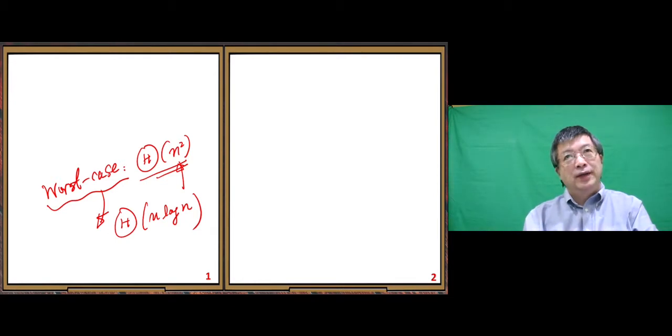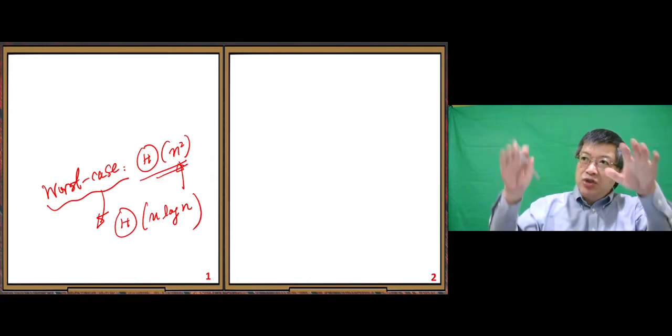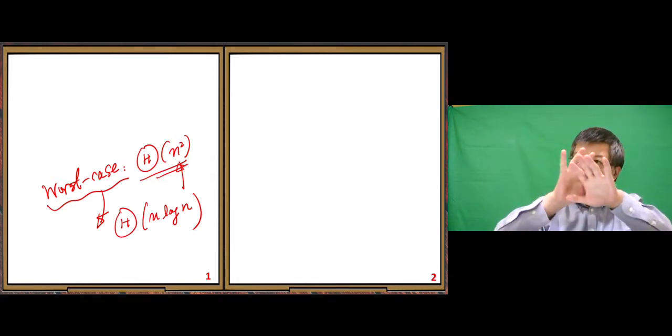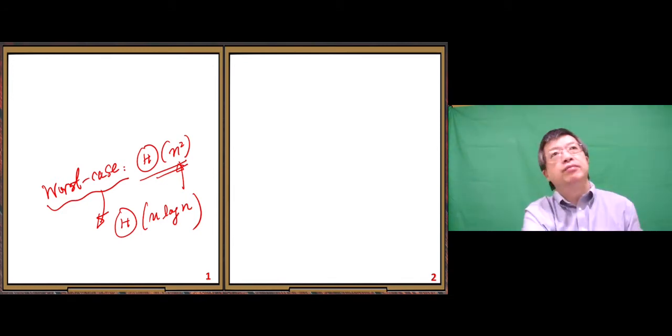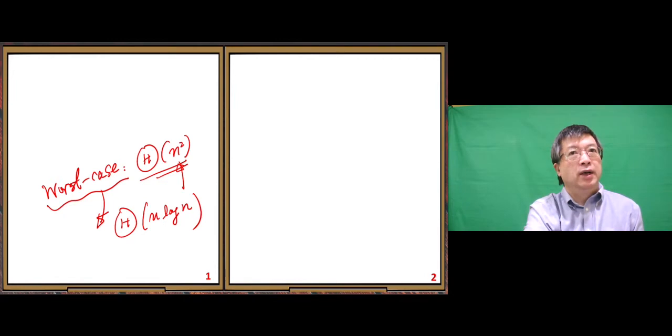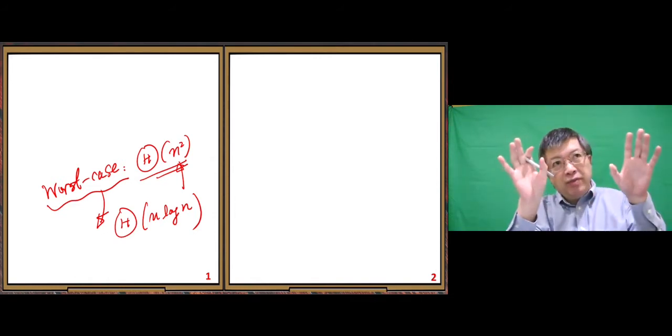If we can do that, then in some situations, if we want to control the worst case, we can use this new sorting algorithm. So that is the motivation to solve this problem. Keep that in mind.